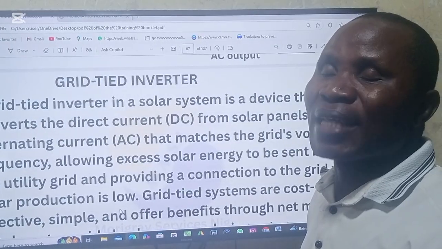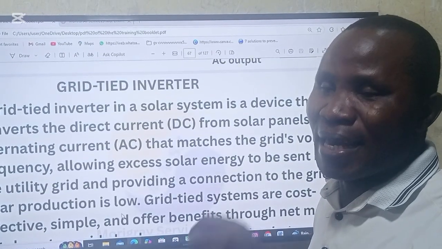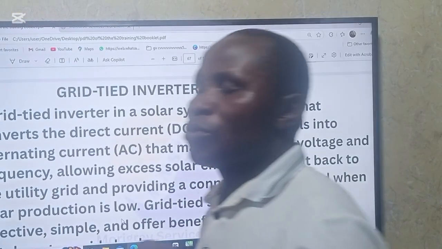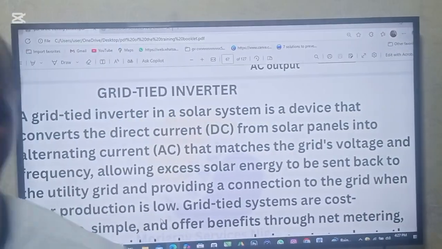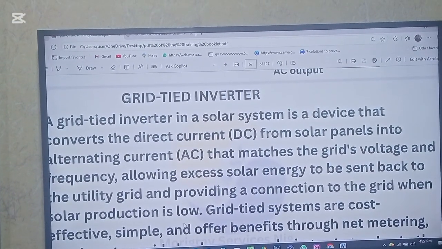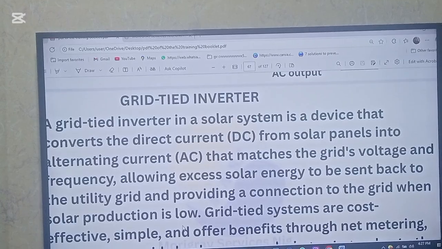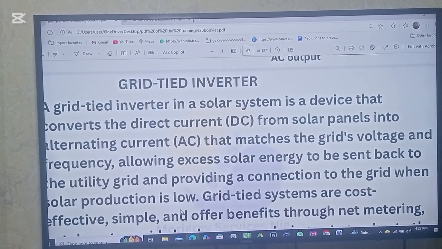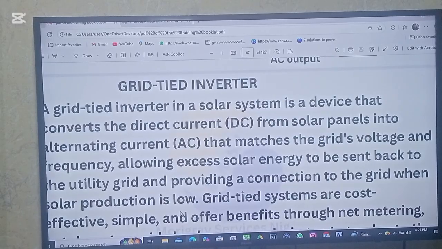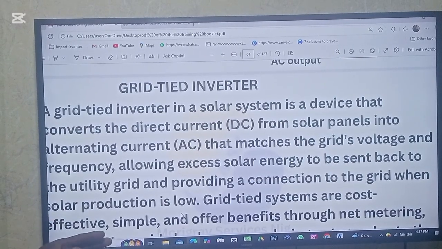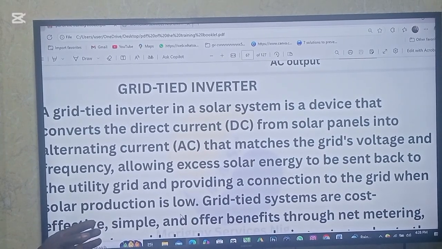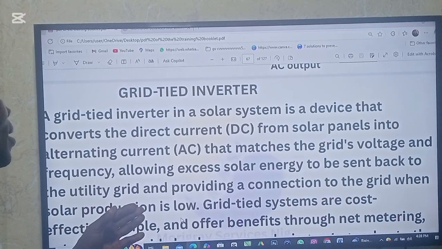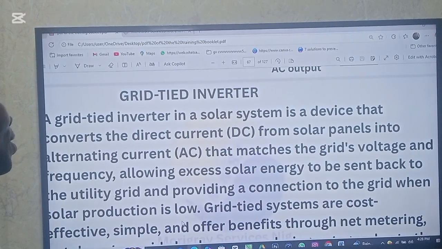For this reason, the frequency and the voltage of the electricity generated from the panel must match those of the national grid.